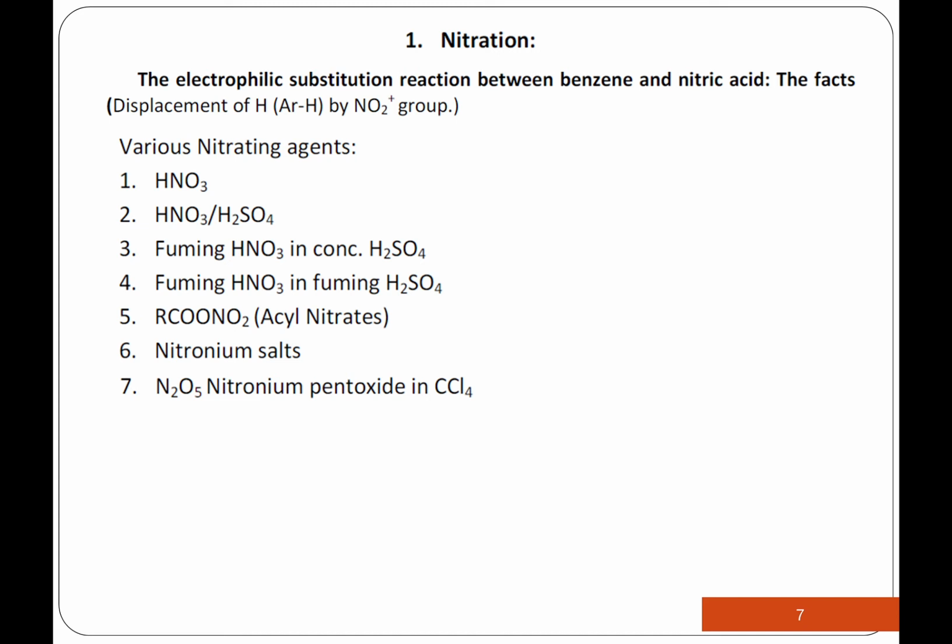Also acyl nitrates, nitronium salts, and nitrogen pentoxide in carbon tetrachloride. The most preferred condition is a combination of nitric acid and sulfuric acid.